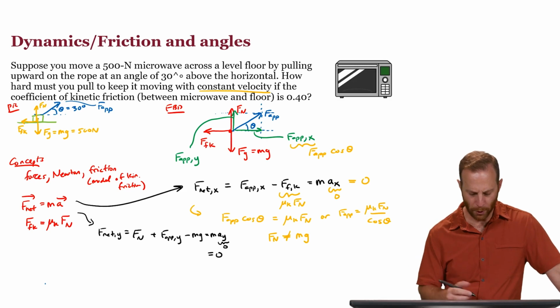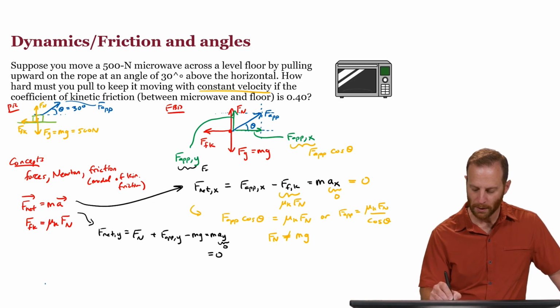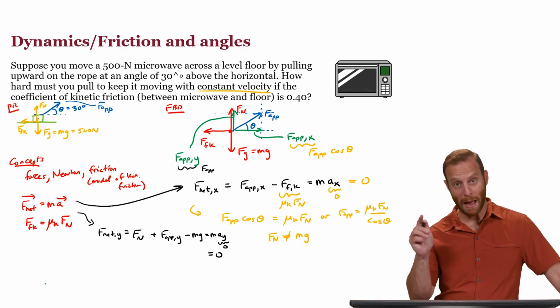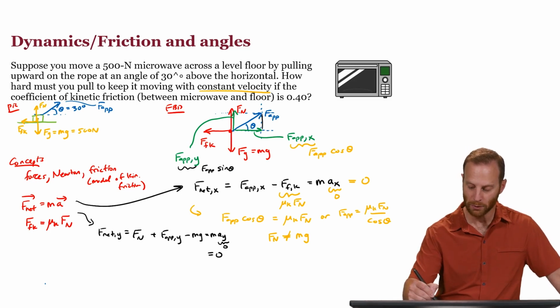Let's now put in what simplifications we can, recognizing that the applied force in the y direction is equal to the applied force magnitude times the sine of theta, as it must be. We're talking about this vector being the same as this vector.